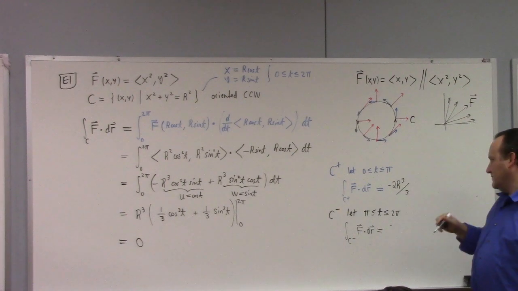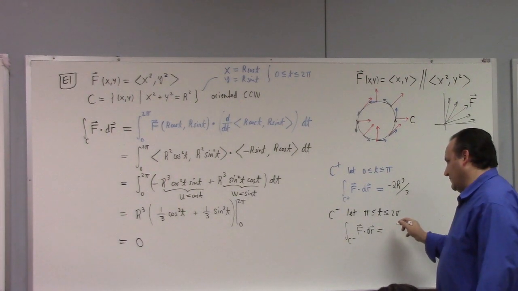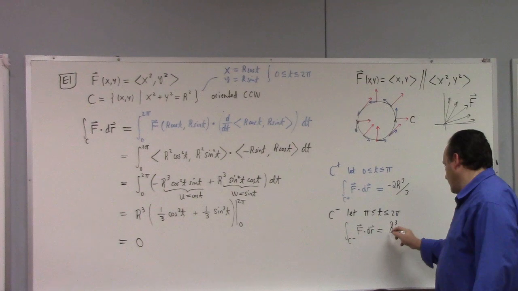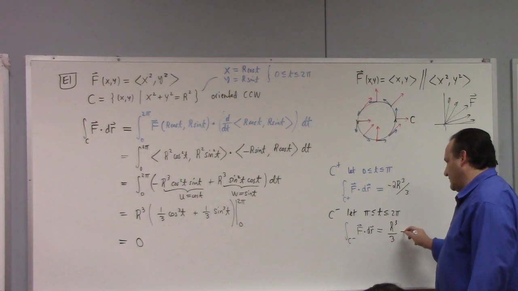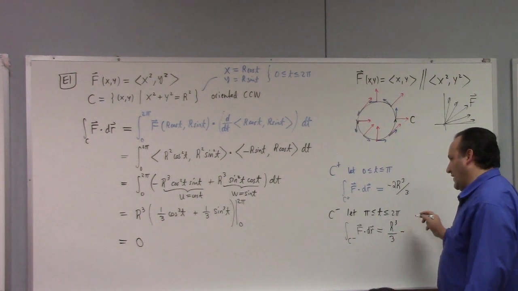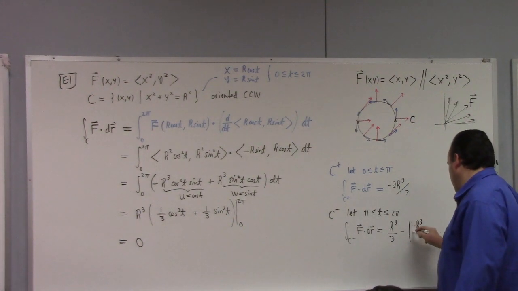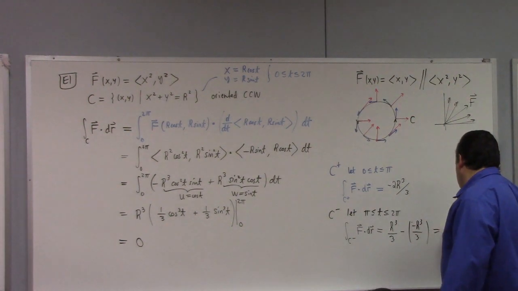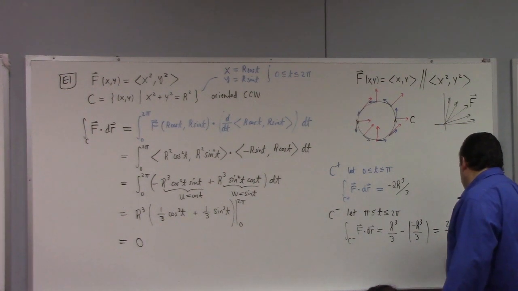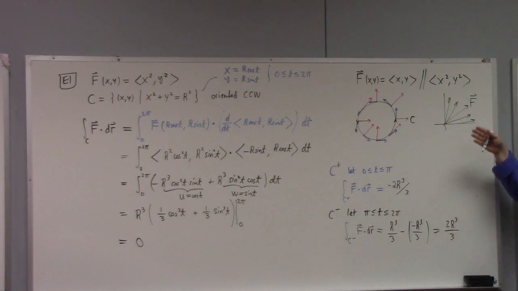So my 2 pi gives me r cubed over 3, minus the pi term, which would be minus a minus r cubed over 3. So we get 2r cubed over 3 for the work done for the line integral over the lower half circle.